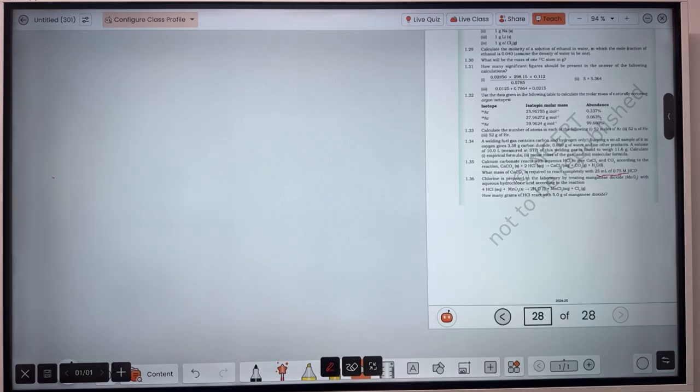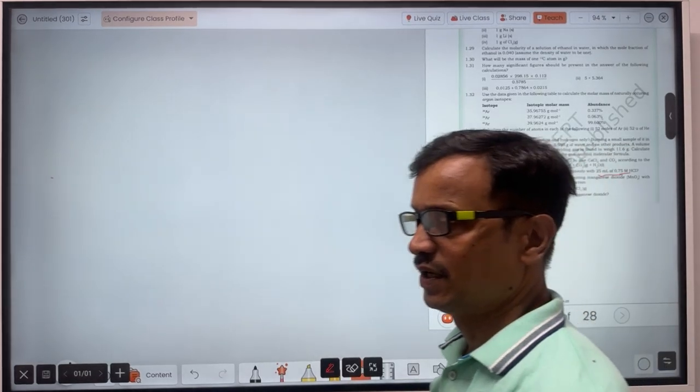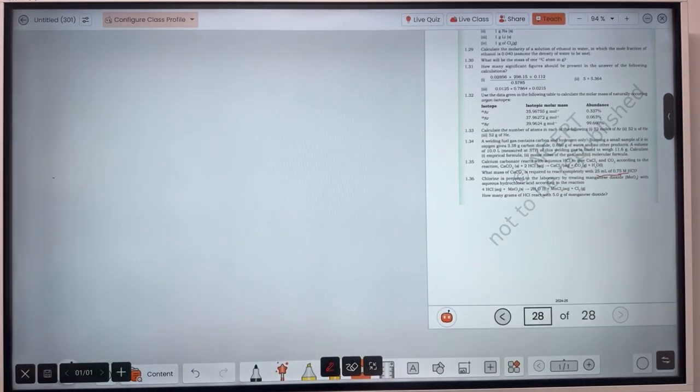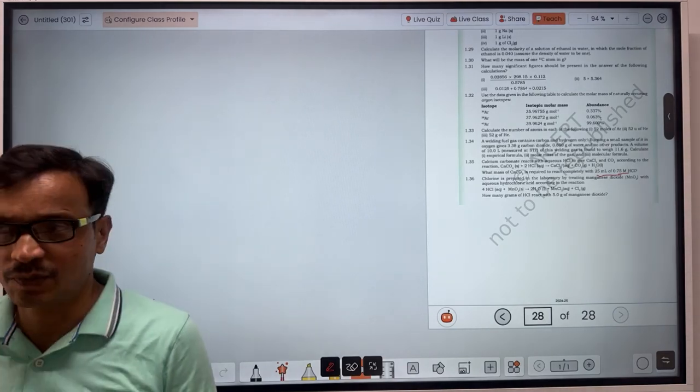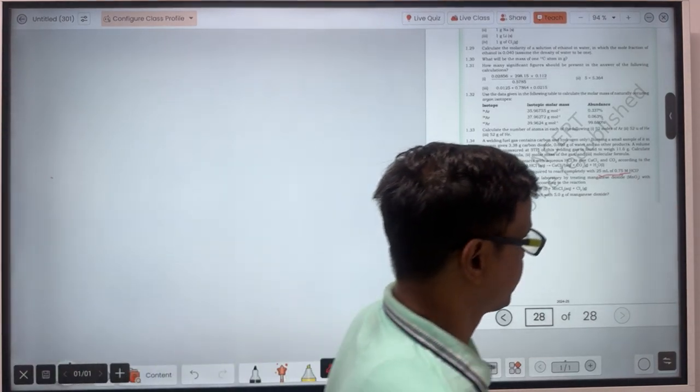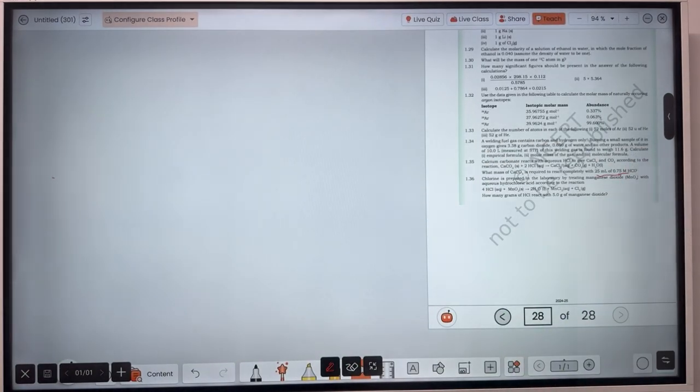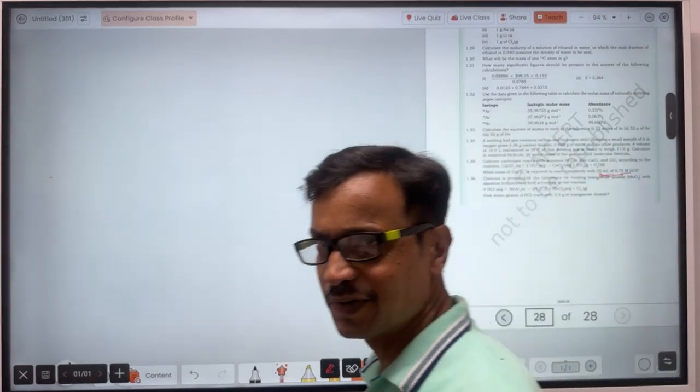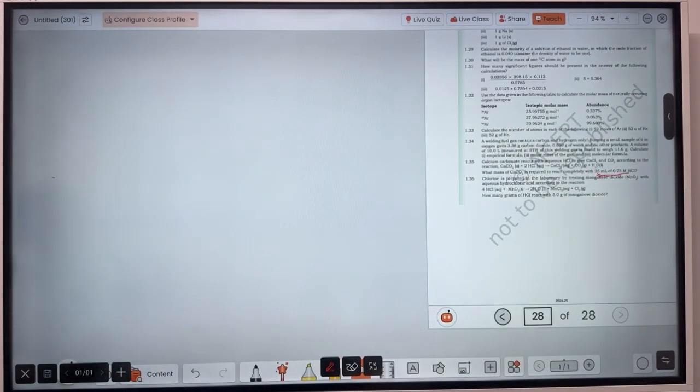So that means 0.75 moles of HCl will be present in 1 liter of the solution. That means the number of moles of HCl will be 0.75 when the volume of the whole solution will be 1 liter. So in 25 milliliter, how much will be the number of moles of HCl? That you will have to calculate.